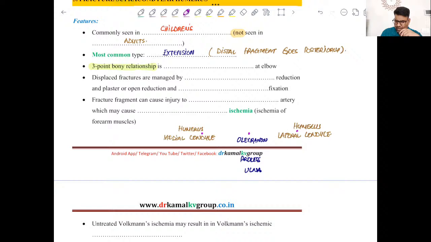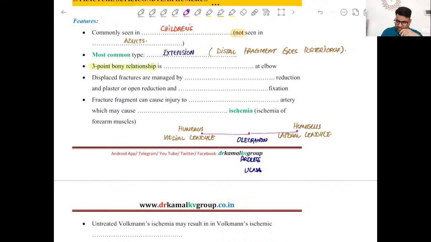So suppose if the elbow is extended, they all will come in a straight line, and if there is any involvement of any of these 3 components, then this 3-point bony relationship will be distorted or disturbed.